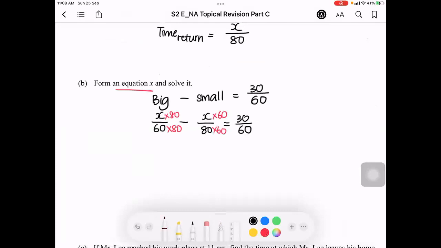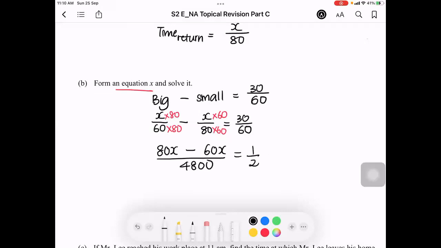Okay, or we don't need to do that, we can also use the calculator. Yeah, must multiply. Never mind. We multiply. So here I get 80x minus 60x. 80 times 60 is how much? 4800, equals 30 over 60. Can I simplify 30 over 60 to the number half?